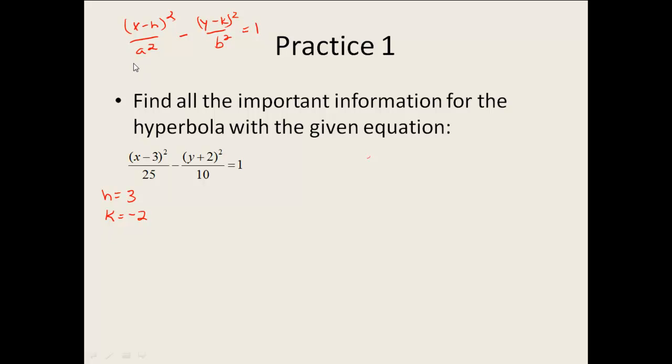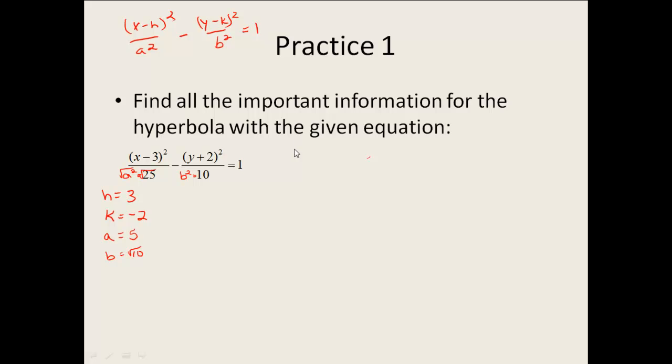Now, our a and our b. a is always the denominator of our first fraction, but it's a squared, so we have to square root both sides in order to get a. We end up getting a is equal to 5. And then the b goes with the denominator of our second fraction, but remember it's b squared. Square root both sides, and we get b to be equal to the square root of 10.